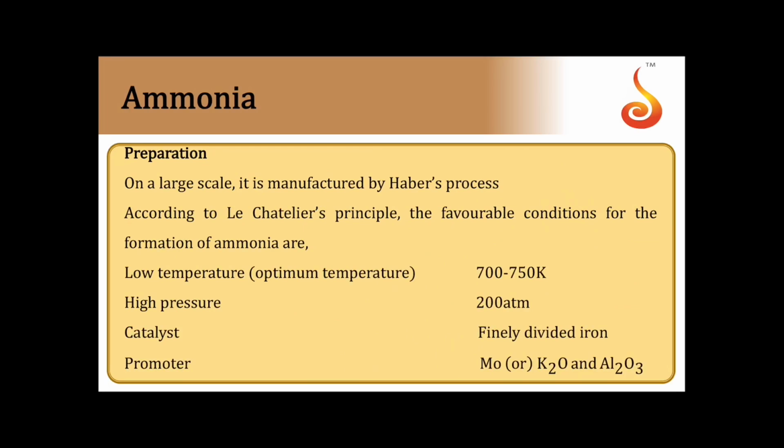Then coming towards commercial preparation, on a large scale ammonia is prepared by Haber's process. As per Le Chatelier's principle, the favorable conditions for the preparation of ammonia are given to us. Low temperature is favorable, but an optimum value of 700 to 750 Kelvin is maintained. High pressure of 200 atmospheres is maintained. The catalyst is finely divided iron, and the promoter is molybdenum or oxides of potassium and aluminium.